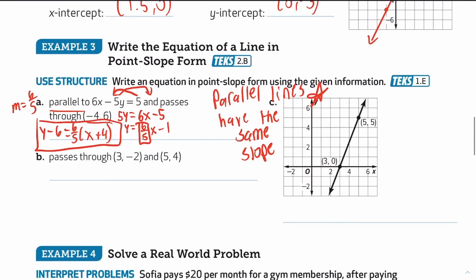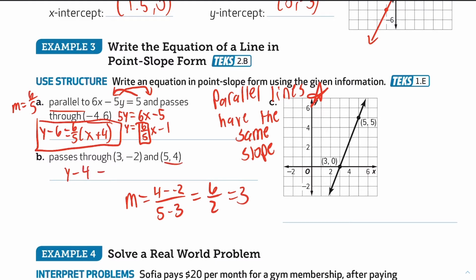Now let's find it going through these 2 points. We're going to do y minus, and we need the slope. M equals 4 minus negative 2 over 5 minus 3. 6 over 2 equals 3. And now I'm going to pick this point.